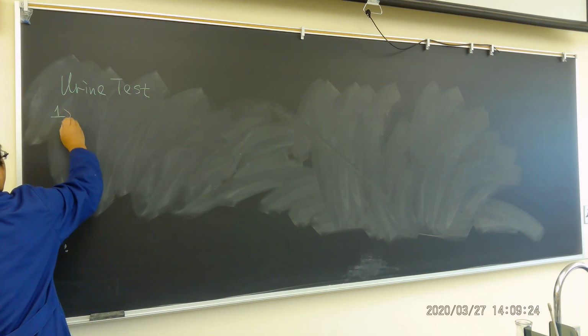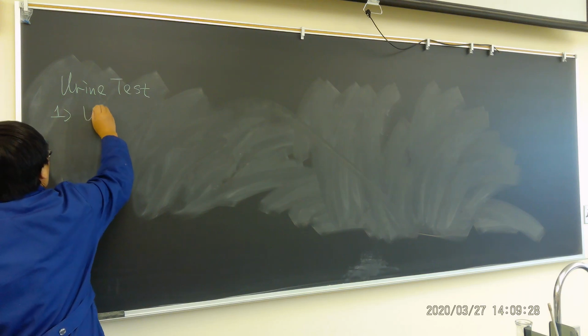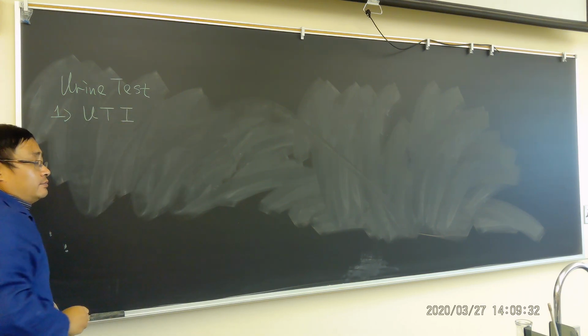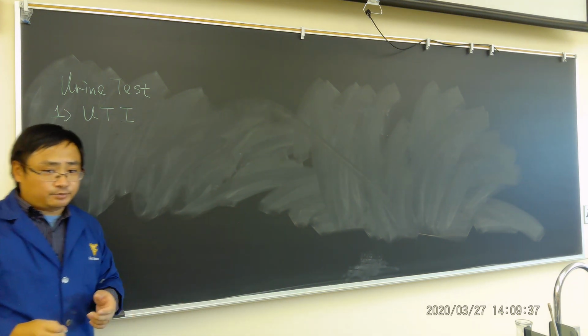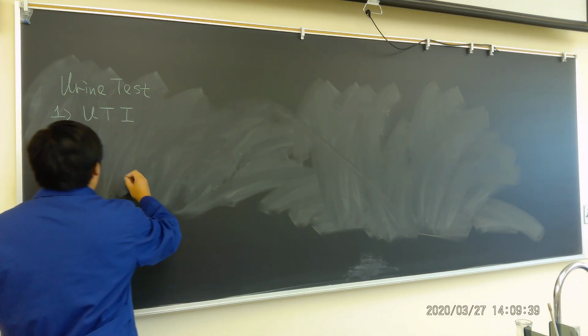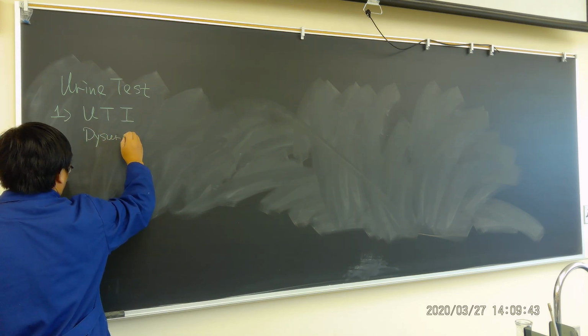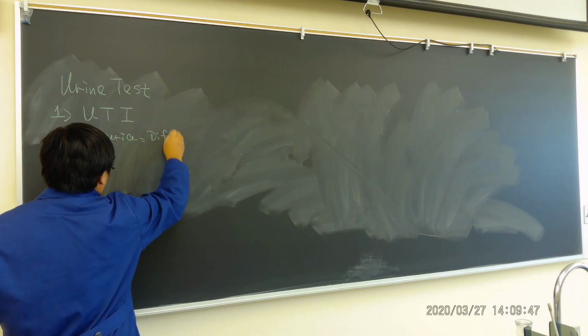So first of all, when we talk about the urine test, we will talk about urinary tract infection. The acronym is UTI. Okay, what kind of symptoms does UTI cause? Very simple, it's called dysuria. Dysuria, very easy, it is difficult to pee.